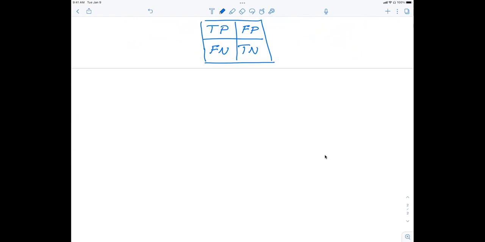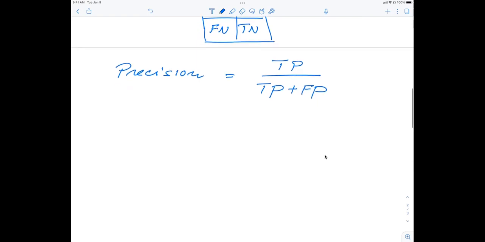There's something which is called the precision. When I'm writing it like this, I'm assuming that I'm summing over all the true positive events and dividing by all the true positive plus the false positive. So this looks at the positive events.